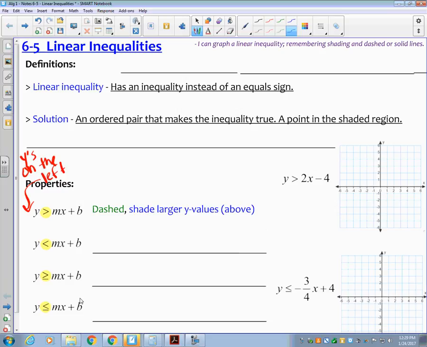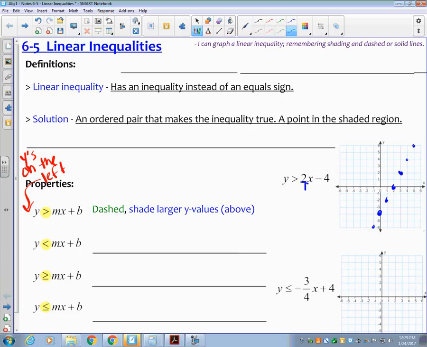So let's take y greater than 2 over 1x minus 4. So we put a dot at minus 4 because that's our y-intercept. And we go up 2 over 1, until we run off our graph, and we do it in reverse until we run off our graph.